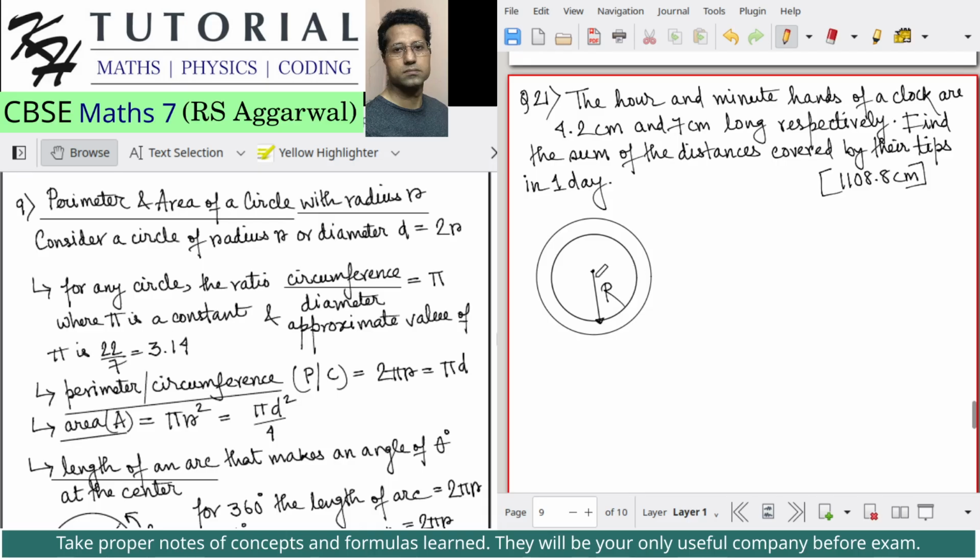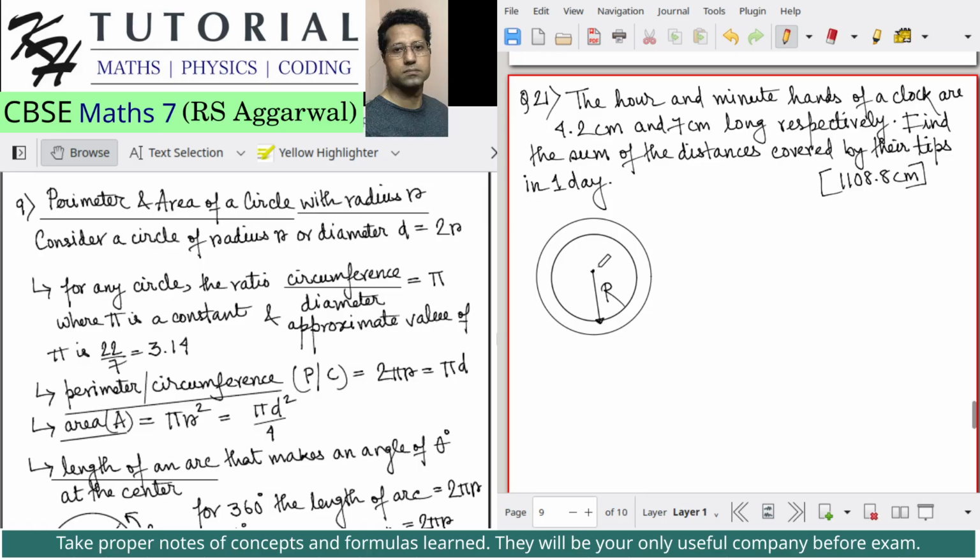Now we know that in one day, in 12 hours, the hour hand will complete one revolution or one rotation.